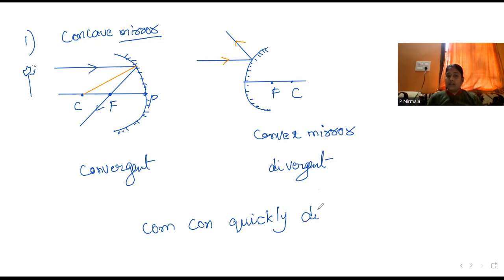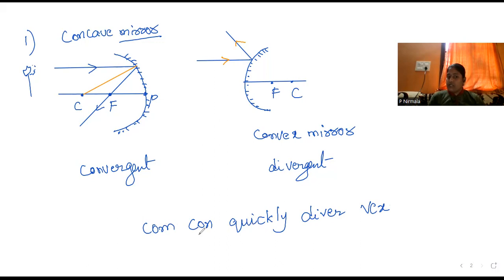Divergent, I'm writing 'diver'. The spelling is a mistake, I know that, but for your coding, I'm writing it. So diver, vex. Okay. So come con quickly, driver, vex.